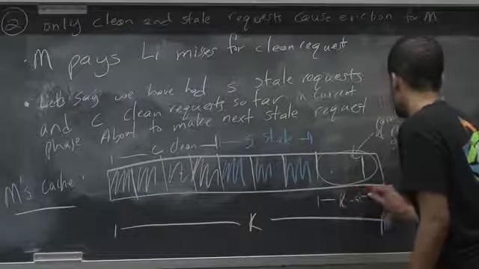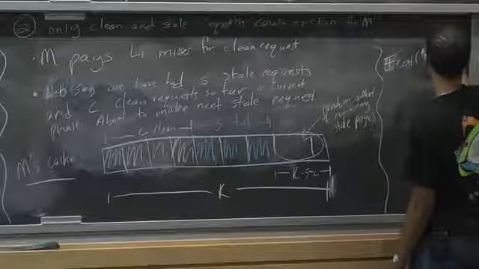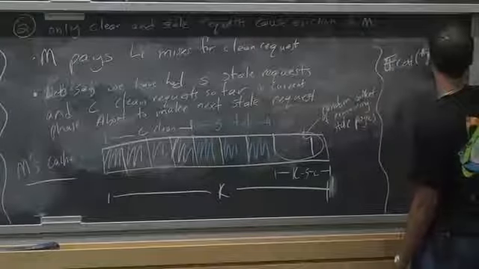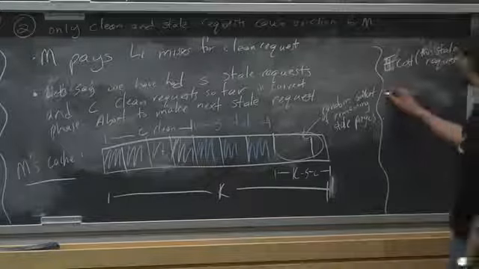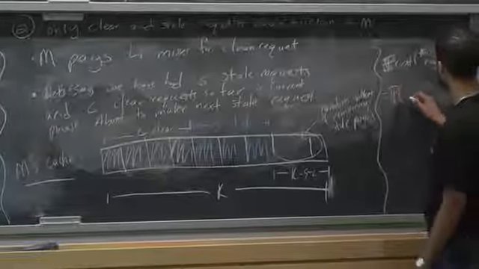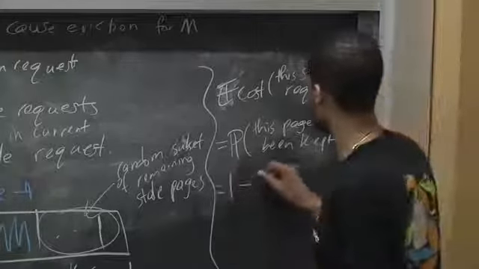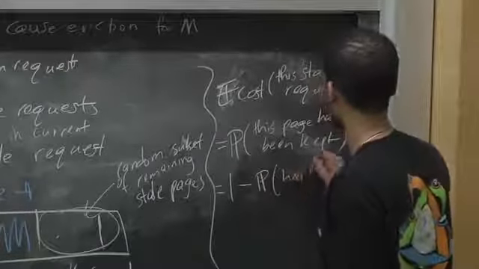So the expected cost of this new stale request is just the probability that this page hasn't been kept, which is equal to 1 minus the probability that it has been kept.